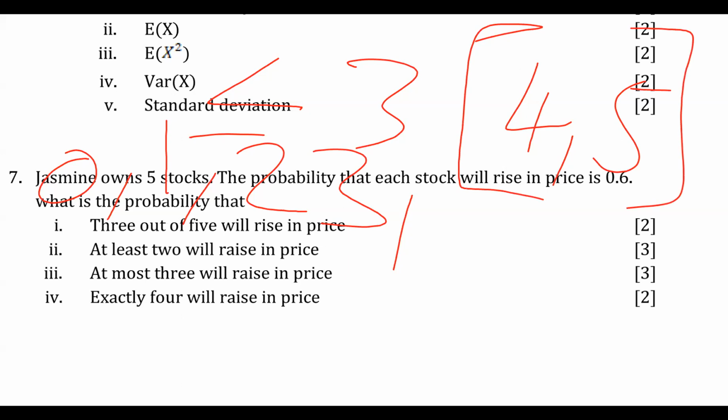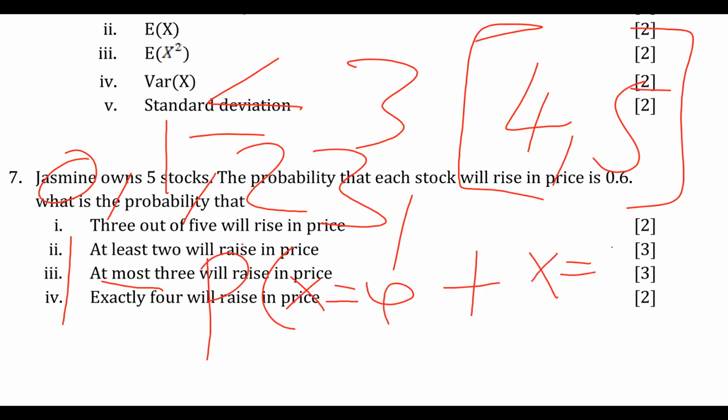That's what has remained. So what you can do again, from 1, you can subtract the probability of finding x equal to 4 plus the probability of finding x equal to 5. You got it? When you remove 4 and 5, you remain with 3 coming down, because the question is, what's the probability of finding 3 and less?